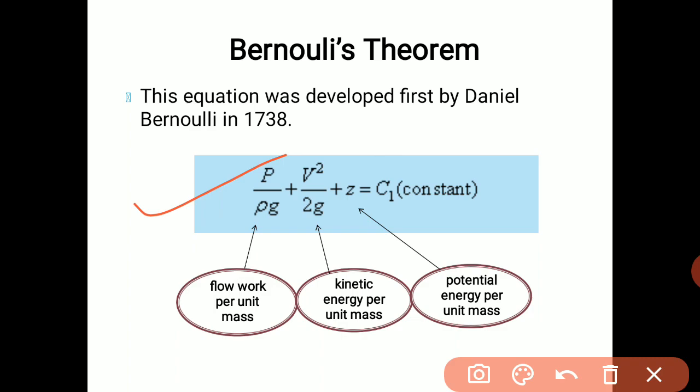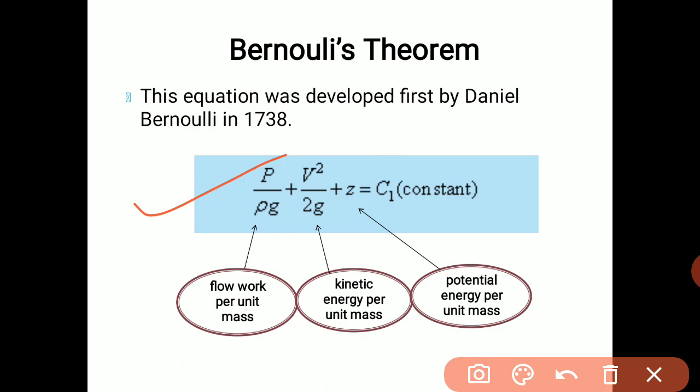Many scientists have modified it, but the first Bernoulli's equation, derived from Euler's equation, is P divided by rho g plus V square upon 2g plus Z equals C1, where C1 is a constant value. This is the basic Bernoulli's equation.